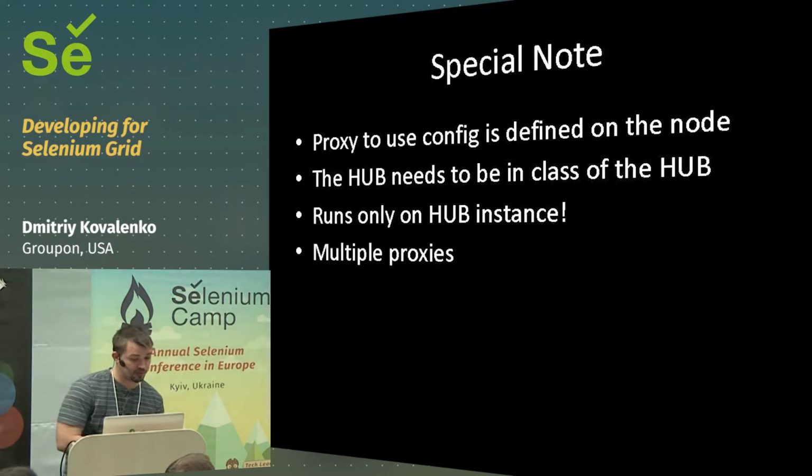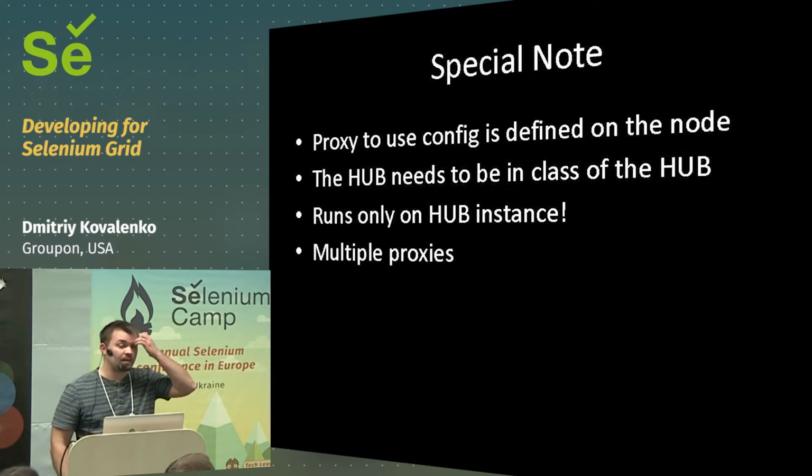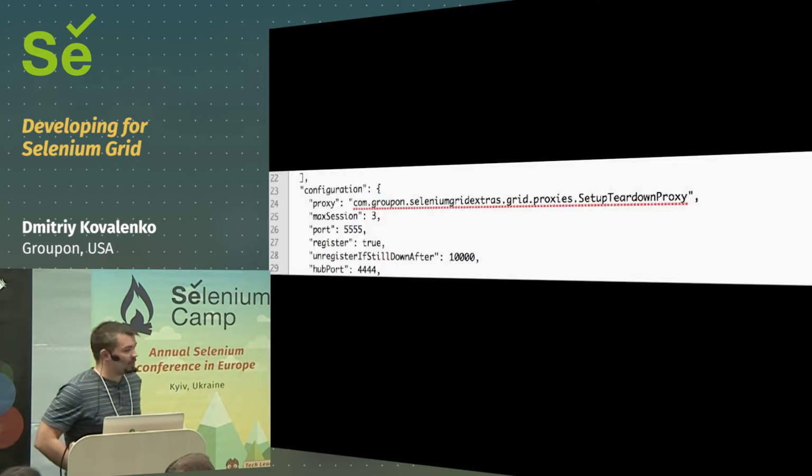So a couple of notes about proxies though. When a node registers, the node environment does not need to have the proxy object on it, but the hub does. And at the point of the registration, this proxy line, this is from the node config.